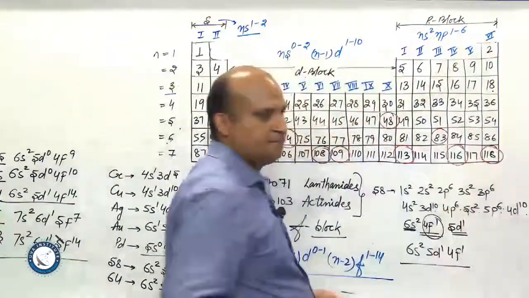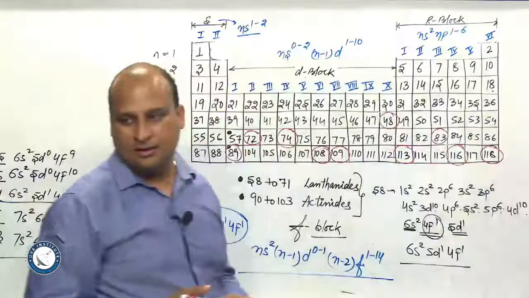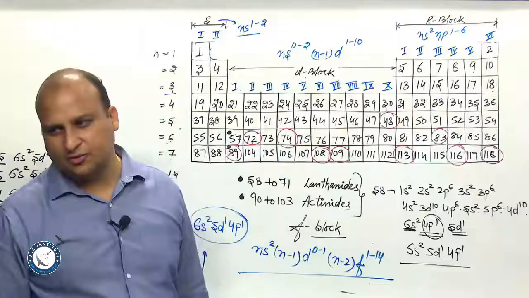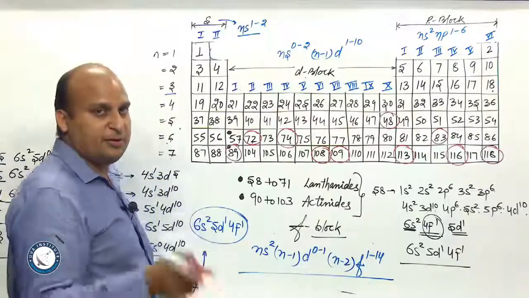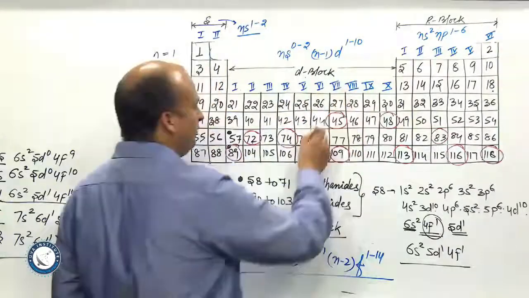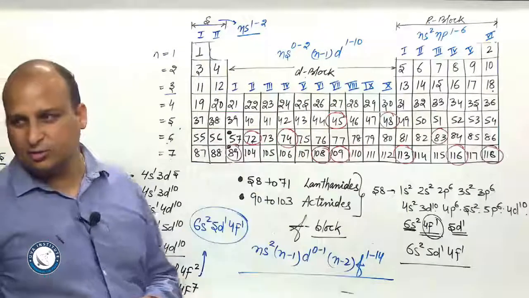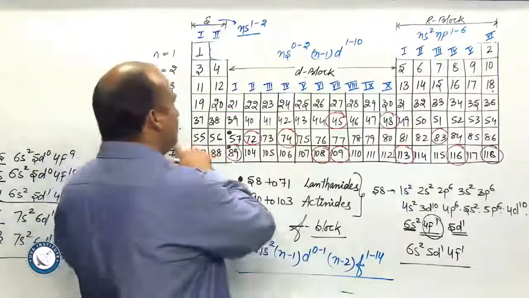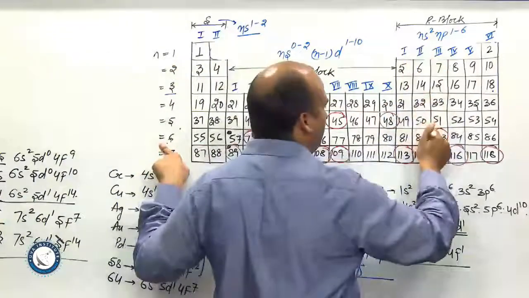Then 45, 5s2, 4d7, 5th period, D block, 7th group. Then 82, 6s2, 6p2, 6th period, P block, 2nd group.